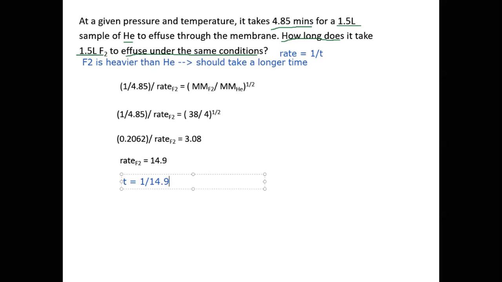Let me see. 0.2062 divided by 0.0669. So this is actually incorrect. Let's scratch this out. I made a boo-boo here.